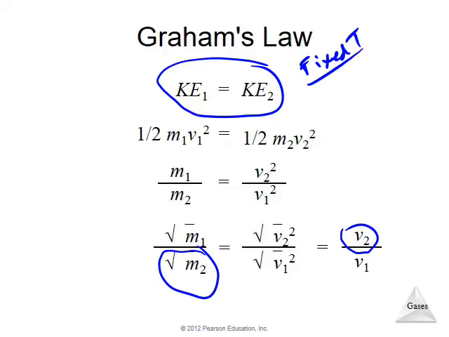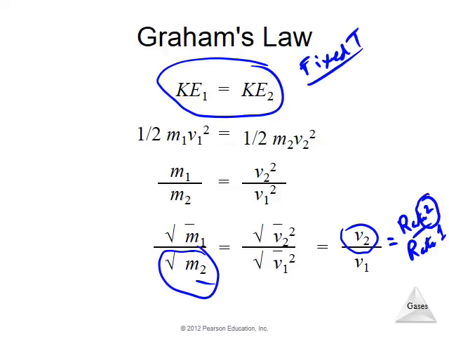Now you can write this in conventional units. Instead of v2, we'd write rate 2 over rate 1. What you need to pay attention to is that for the second gas molecule, its mass would be at the bottom if its rate is on the top.